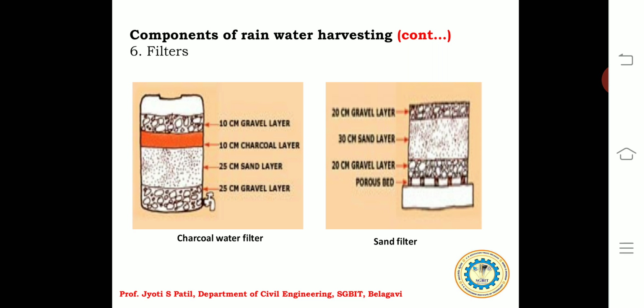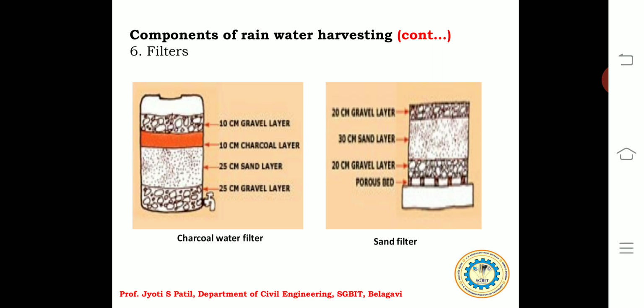In a simple sand filter that can be constructed domestically, usually the top layer comprises coarse sand, followed by a 5 to 10 centimeter layer of gravel, followed by another 5 to 25 centimeter layer of gravels or boulders, I mean still coarser material.